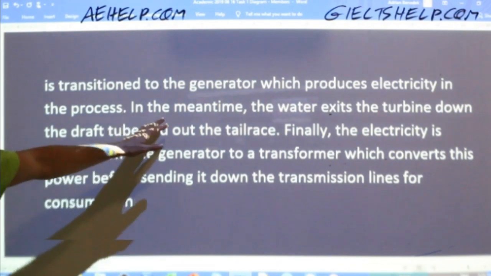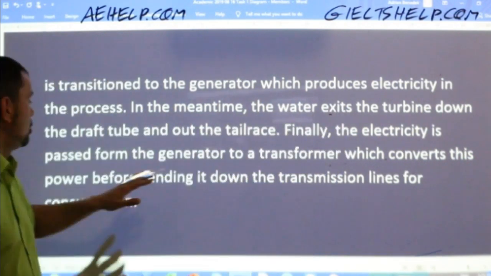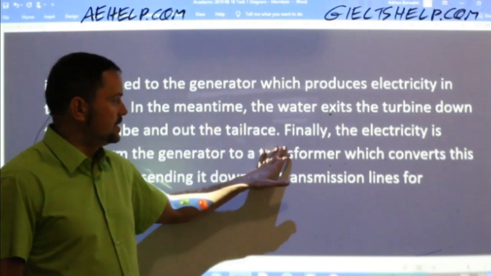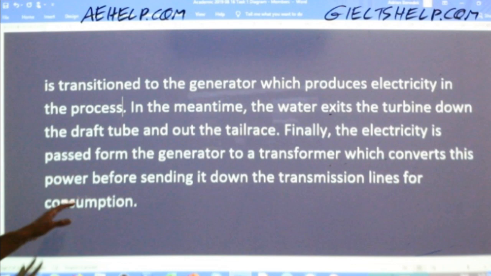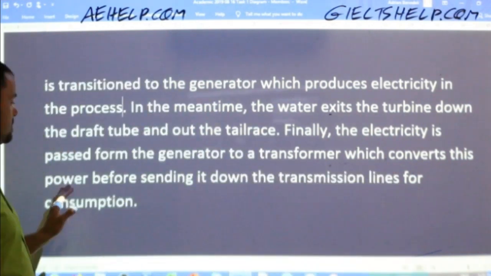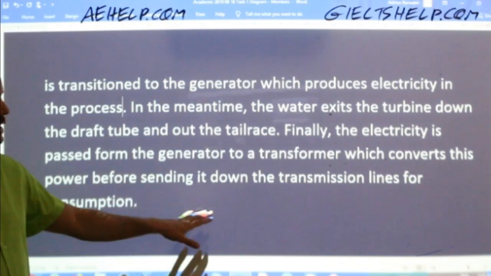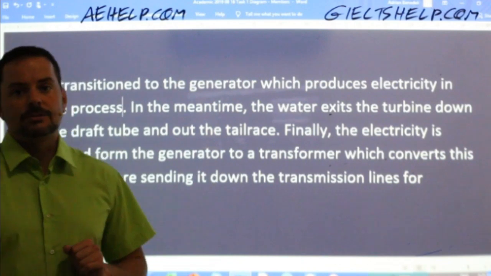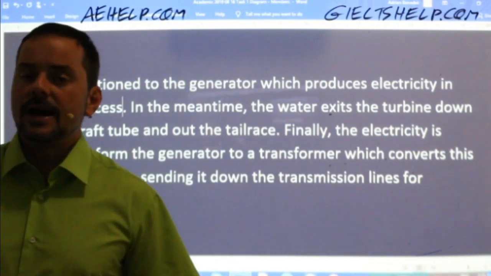In the meantime, the water exits the turbine down the draft tube and out the tail race. Finally, the electricity is passed from the generator to a transformer, which converts this power before sending it down the transmission lines for consumption. Okay, so that reads quite well.